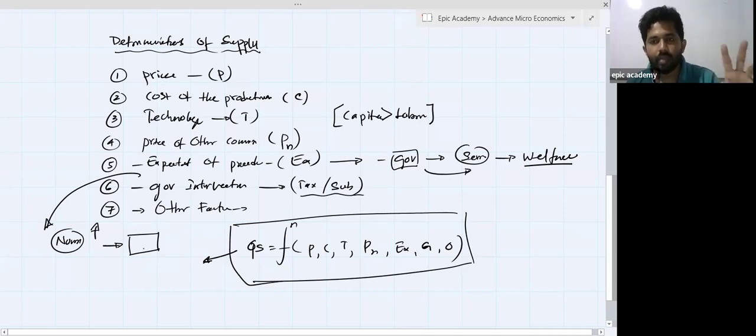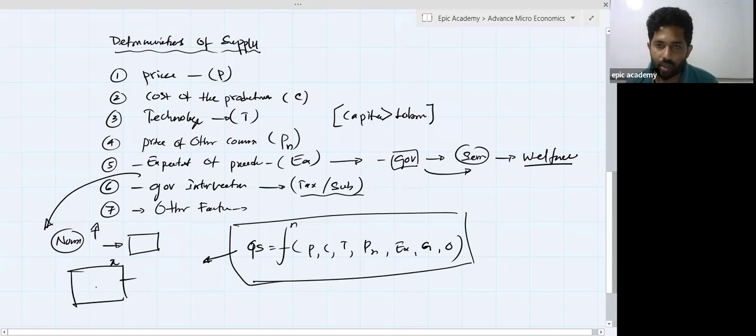Everything will depend on the market competition. So just consider one of the industries here, producing X commodity. There are only A business and B organization producing it. This company owns 50% of the market share.